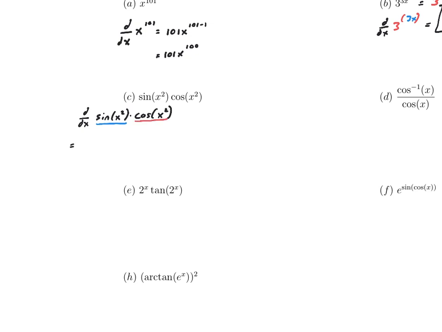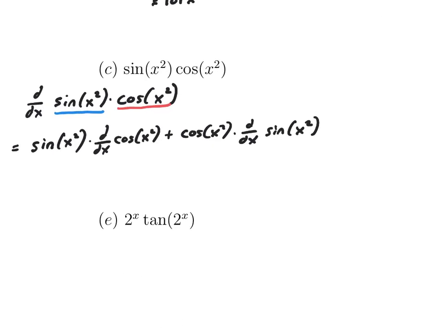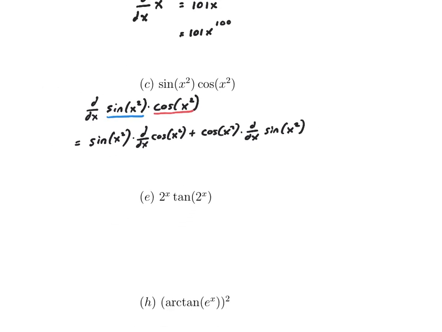So we're going to have the first times the derivative of the second, plus the second times the derivative of the first. And this needs a chain rule. Don't forget here, this is going to use a little chain rule here.